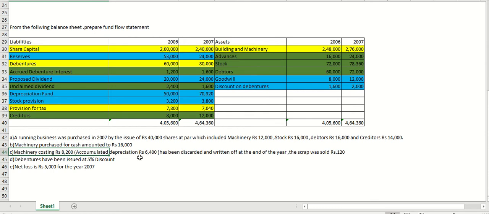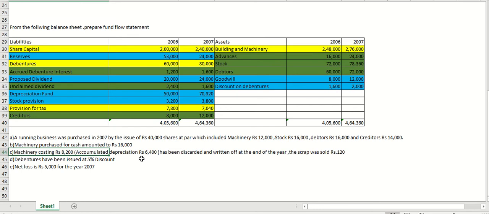A machine costing rupees 8,200, accumulated depreciation of 6,400, has been discarded and written off at the end of the year. The scrap was sold for 120. So the machine was 8,200, accumulated depreciation 6,400. So 8,200 minus 6,400, you get 1,800, the value of the machinery.